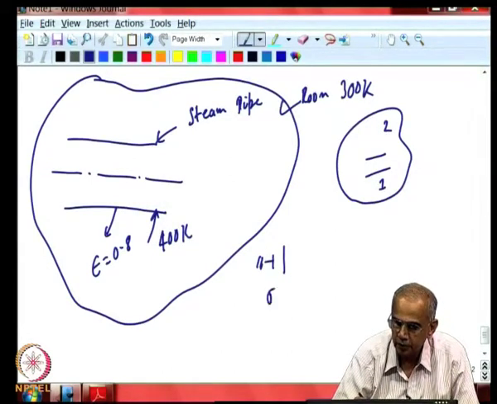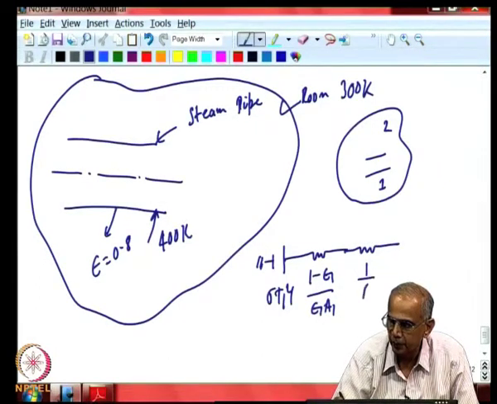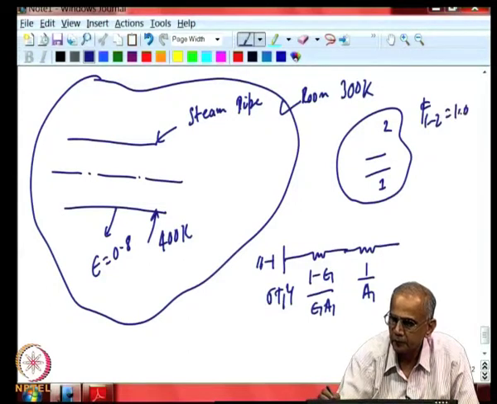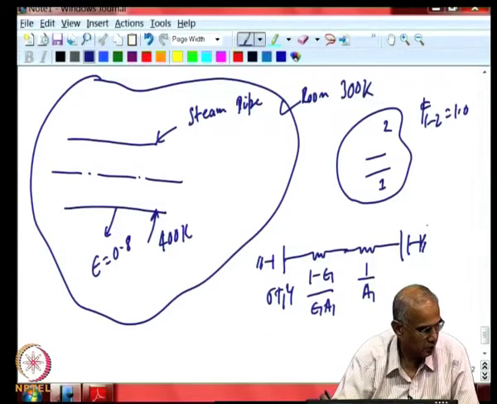So, we have sigma T1 to the power of 4, 1 by epsilon 1 A1, 1 by A1 F12, which is 1 by A1 because F12 is 1, and of course, you have the room.